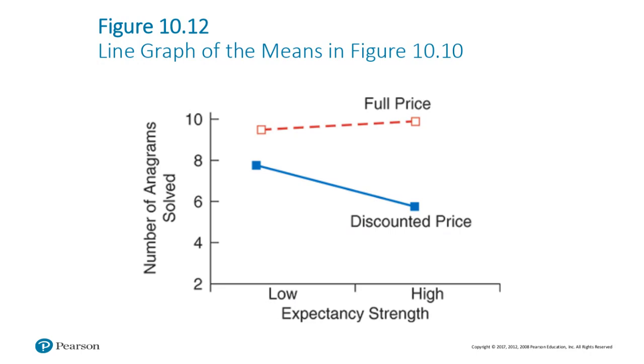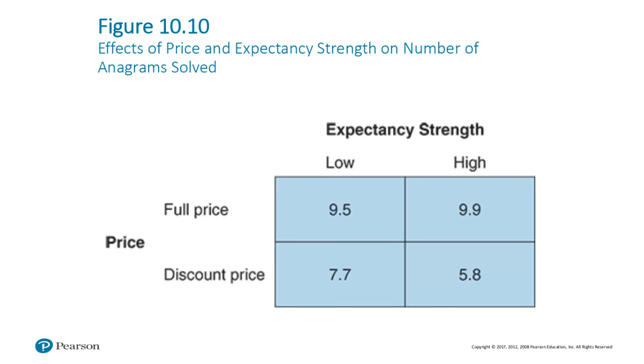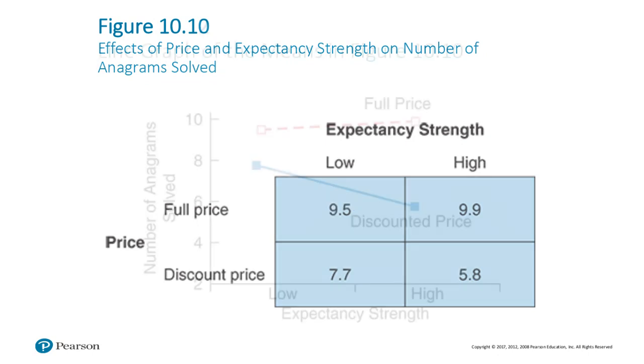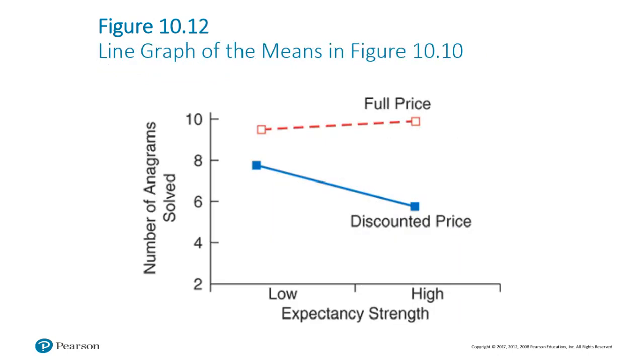You can also see here that the difference is smaller at the low expectancy strength compared to the high expectancy strength, where the difference in the number of anagrams solved is larger. So the difference in anagrams solved at the high expectancy strength between the full price and discount price groups is larger, whereas the difference is smaller between the full price and discount price groups at the low expectancy strength.